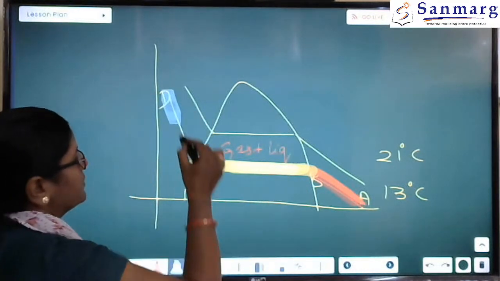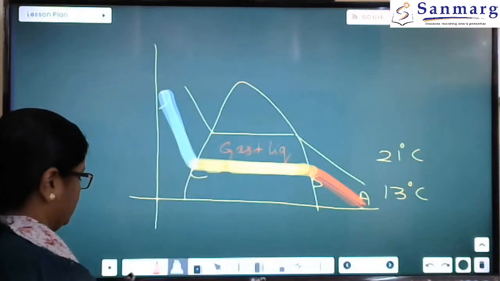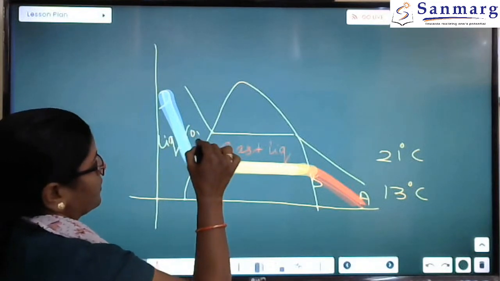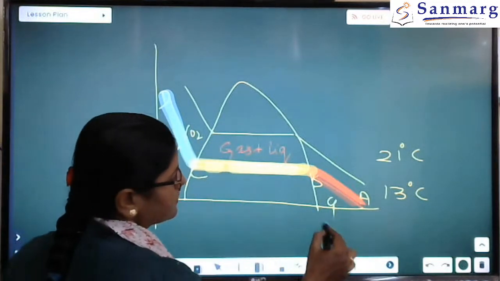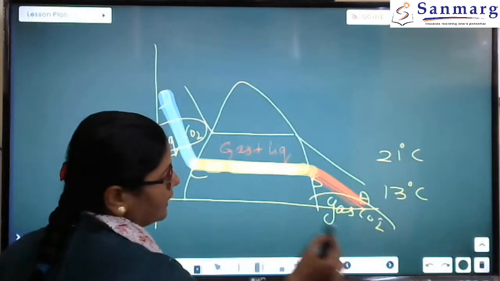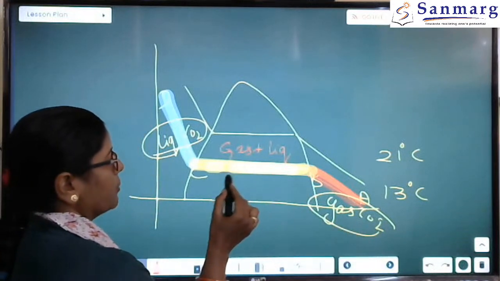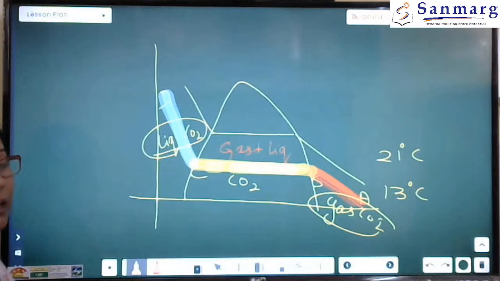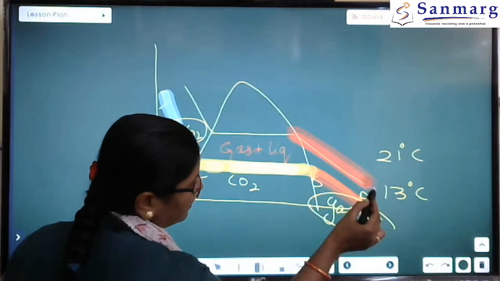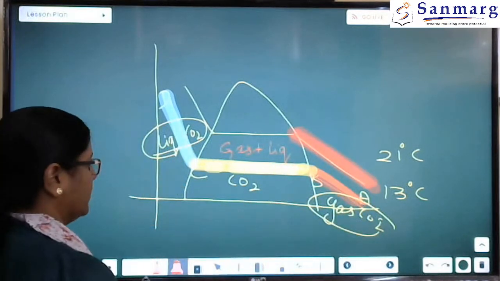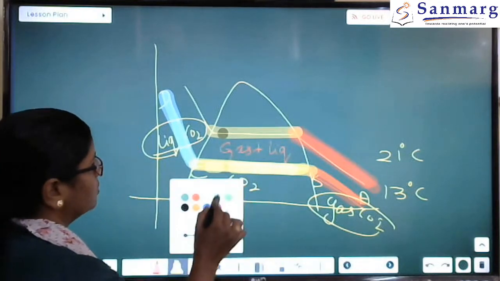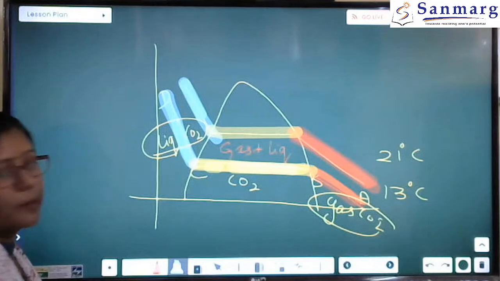The next part shows liquid carbon dioxide. Here also the same thing happens: gas carbon dioxide, a mixture, and then liquid.